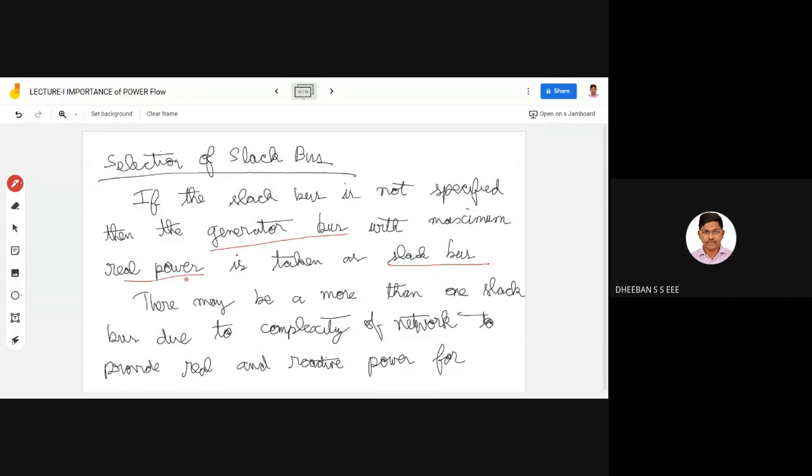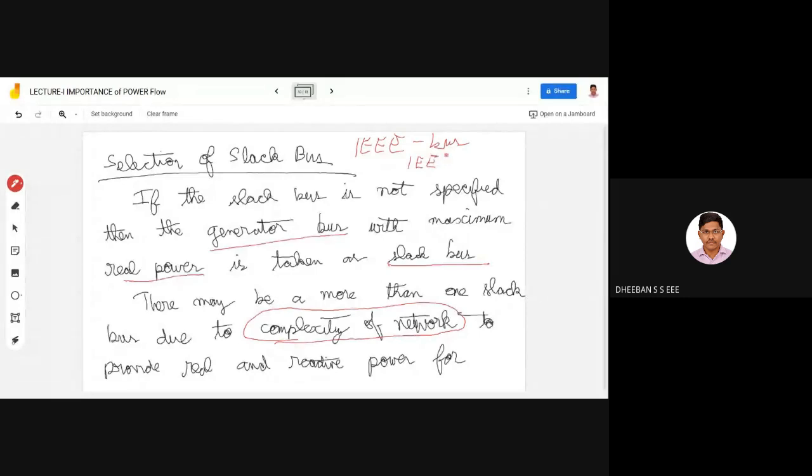There may be more than one slack bus due to the complexity of the network. This is possible because of the IEEE bus systems, so just Google about these IEEE buses. There is a large number of them. For example, you can take the IEEE 14 bus system.